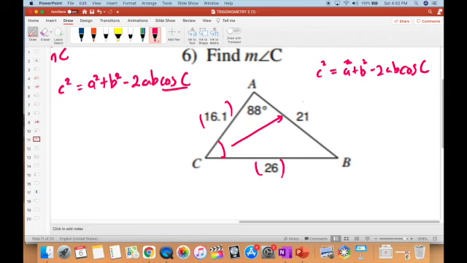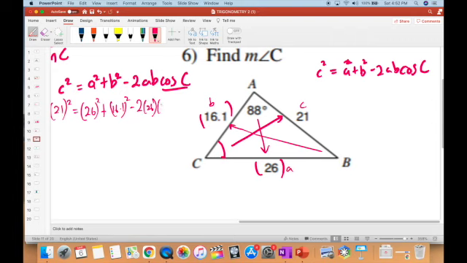This is C. This side is the side A. This side is the side B. So C squared, 21 squared, is equal to the side A, which is 26 squared, plus the side B, which is 16.1 squared, minus 2 into 26 into 16.1 times the cos of C, which is the angle that we want to find.